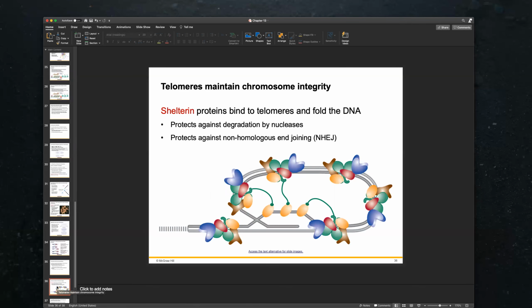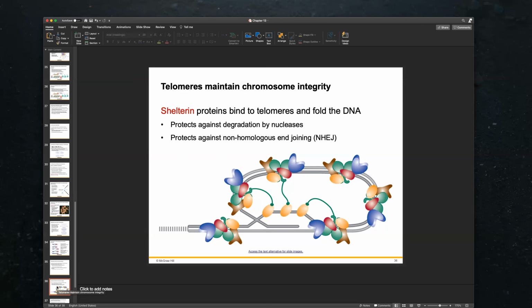Telomeres maintain chromosomal integrity. There are proteins called shelterin that bind to the telomeres and fold the DNA. There are always nucleases in the cell, and a nuclease is going to break a nucleic acid down.